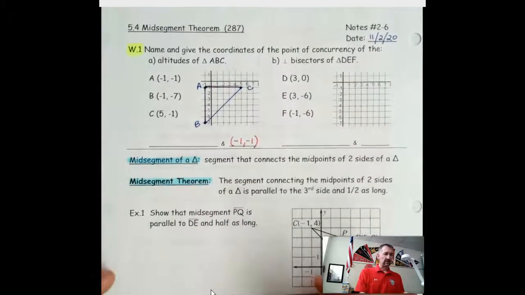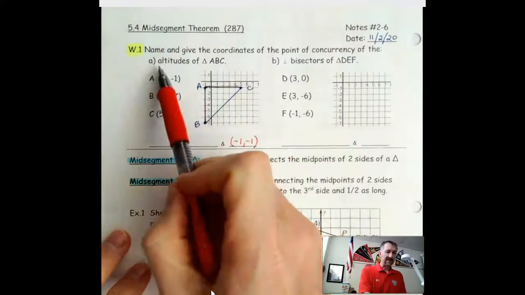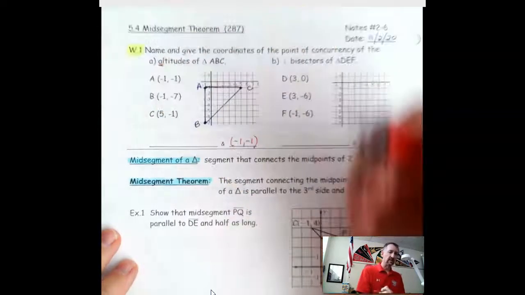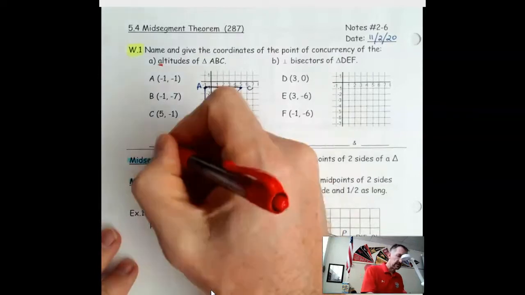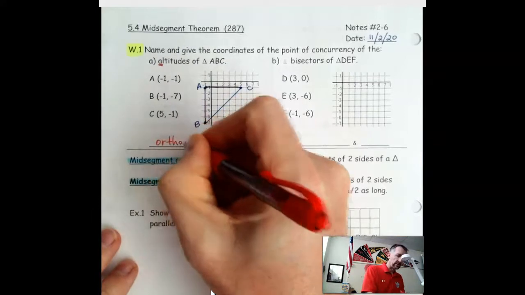Now, you need to think of the name for that, and you can use Pamasico, or altitudes is a vowel, and so the two that start with vowels, also their points of concurrency start with vowels. So it's O, so it's orthocenter.